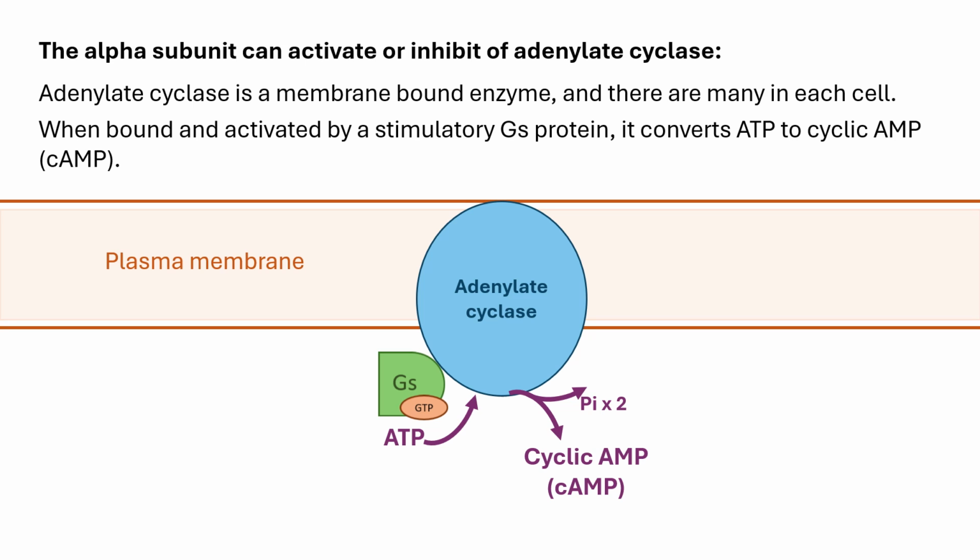Adenylate cyclase then takes ATP, adenosine triphosphate, floating around in the cytosol, and it converts it to something called cyclic AMP, adenosine monophosphate. Of course, this releases two phosphates as well. Cyclic AMP is often written as cAMP.